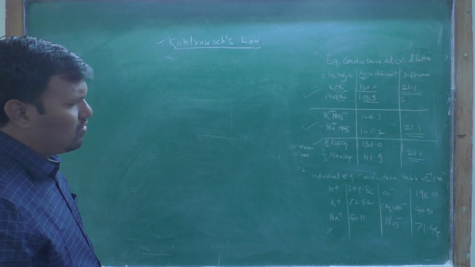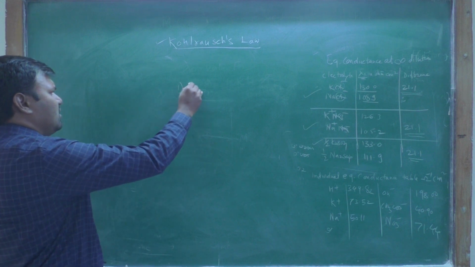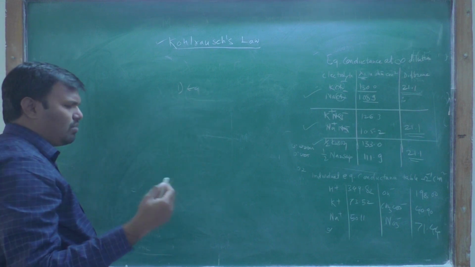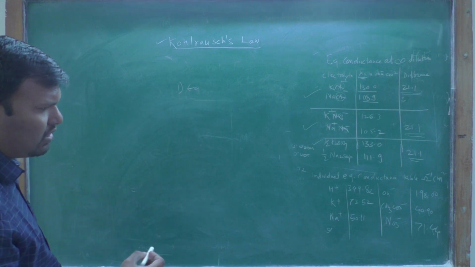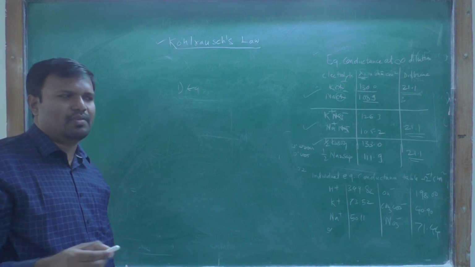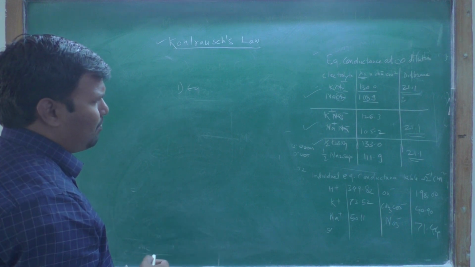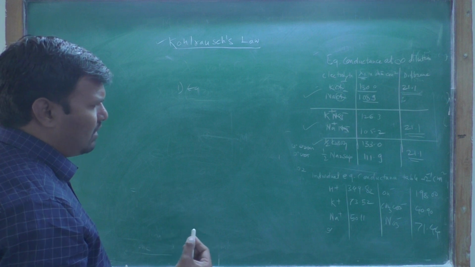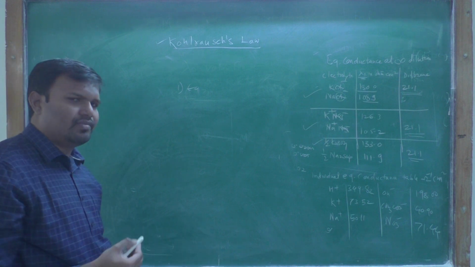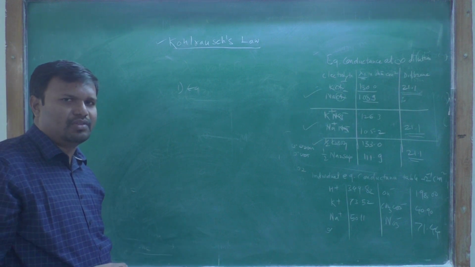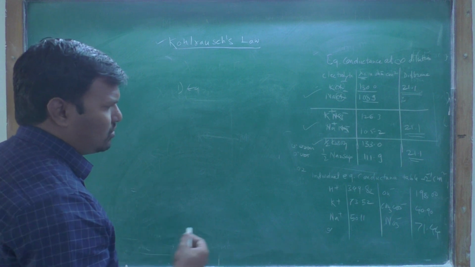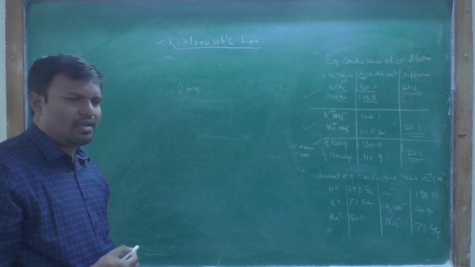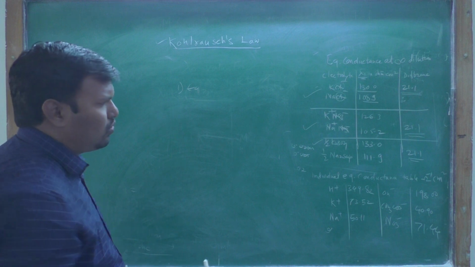How is it calculated? The first method is the direct summation of the individual lambda 0 values using Kohlrausch's law.